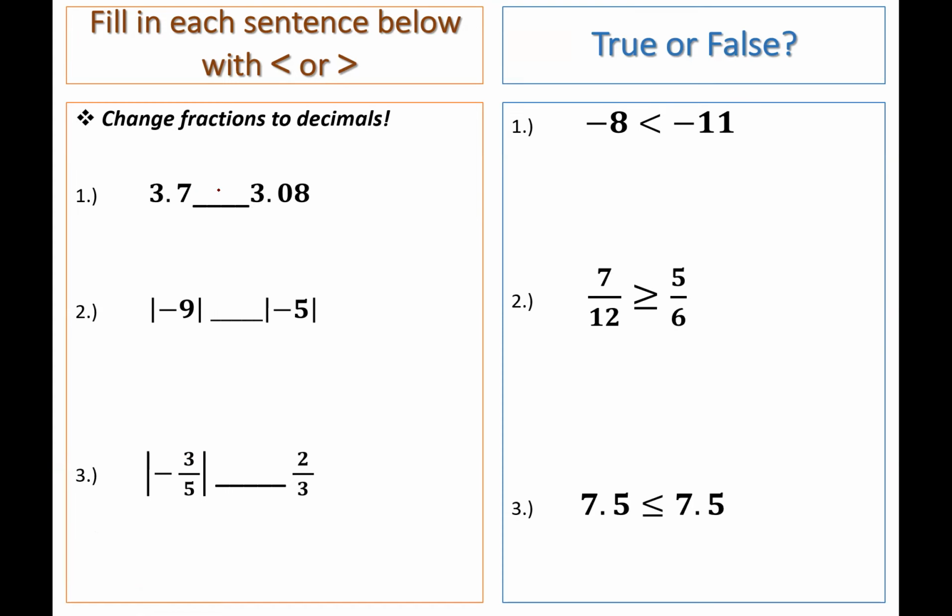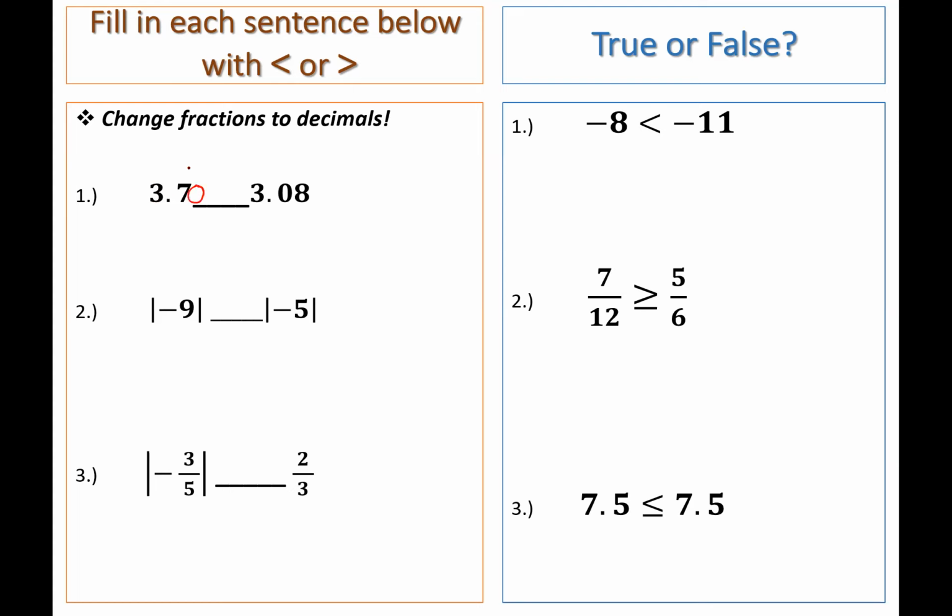Okay, so sometimes with decimals, it helps to think about them in terms of dollars and cents, possibly. So if you think about 3.7, what would that be as a money amount? It would be $3, and this would actually be 70 cents. So if that money comparison helps you, great.